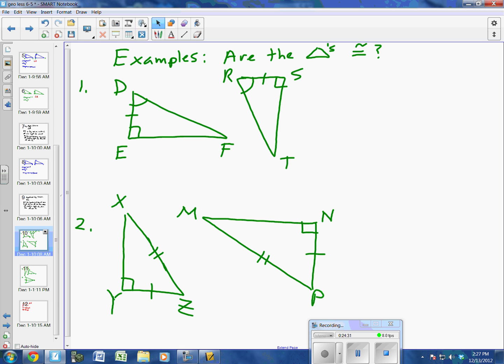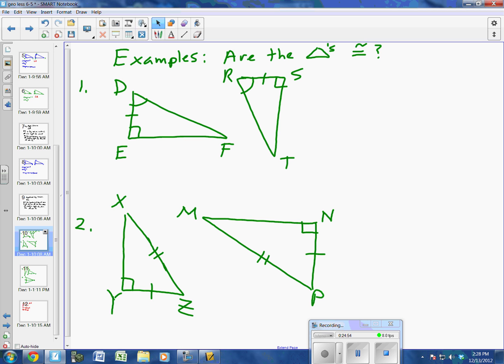Tell these guys. Two things. We've got about 30. Here we go. Just a second. Congruent to leg angle.